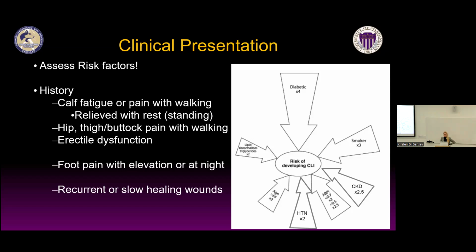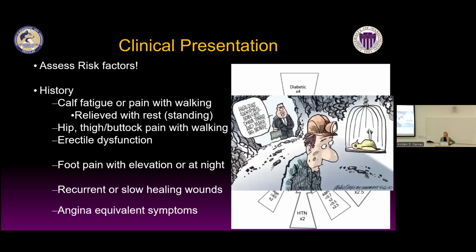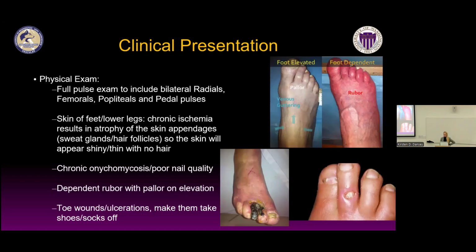With ischemic rest pain, patients will get foot pain with elevation. There are very few things that will wake patients up at night because they're having such bad pain or discomfort, and that's one of the key characteristics that I find for my patients with ischemic rest pain. And then, for patients with CLTI, anyone who has a recurrent or slow-healing wound should be seen immediately in clinic. It's really just a canary in the coal mine.